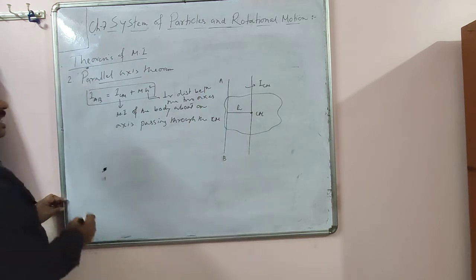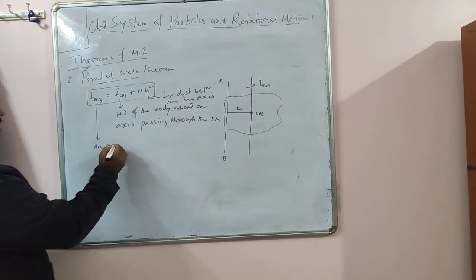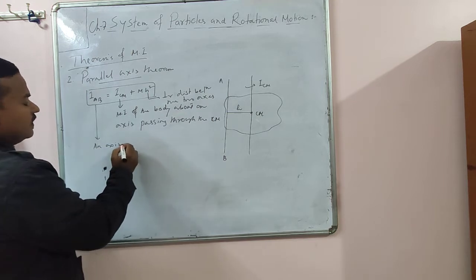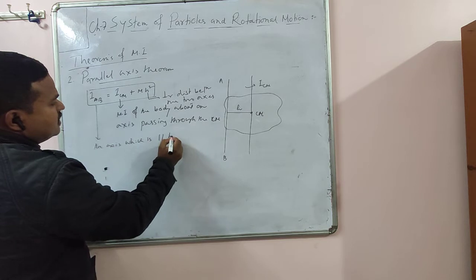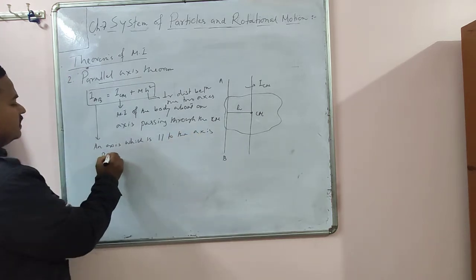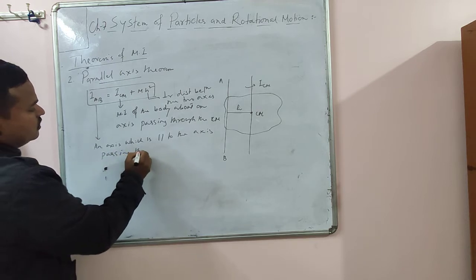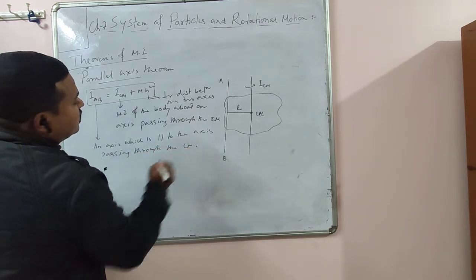And what is I_AB? It is the moment of inertia about an axis which is parallel to the axis passing through the center of mass. So these are the two theorems.